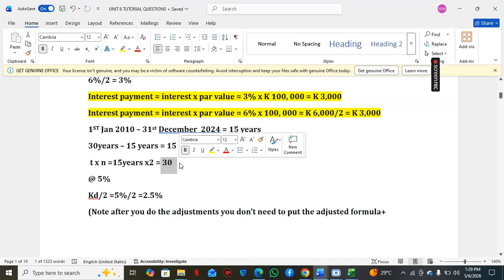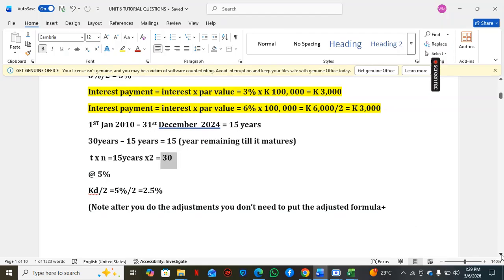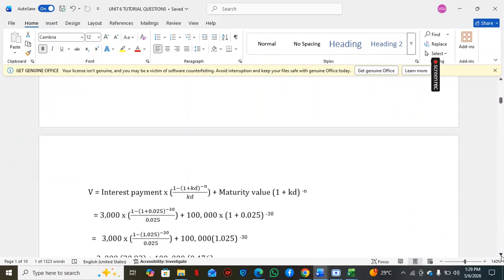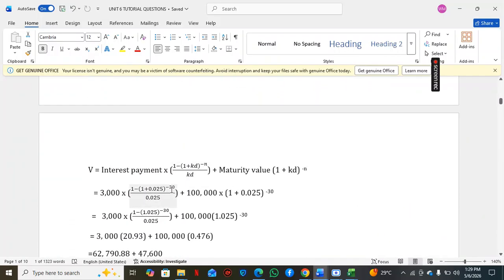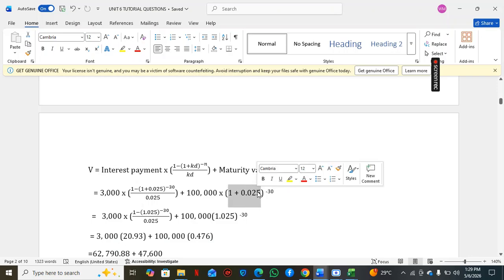Because if in a year you're paid twice, in 15 years you'll be paid a total of 30 times. So raise it to the power negative 30 over 0.025, plus the maturity value 100,000 multiplied by 1 plus 0.025 to the power negative 30.